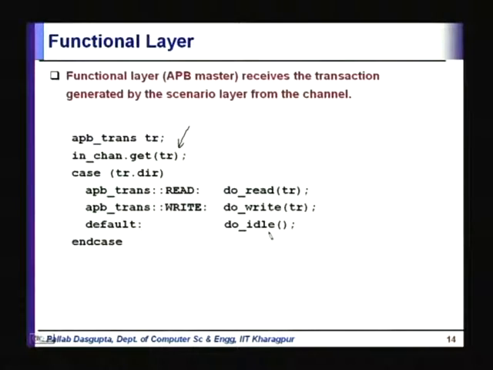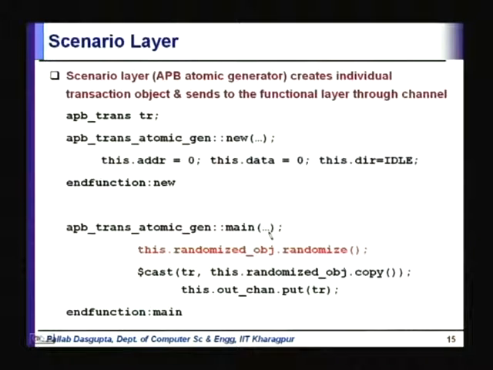One more layer, let us jump upwards. This is a scenario layer, okay. Now let us see what happens here. So we have this APB transaction atomic generator which is constructed here with the initial values of ADDR equal to 0, data equal to 0, DIR equal to idle. This is the construction of the transaction generator, okay.